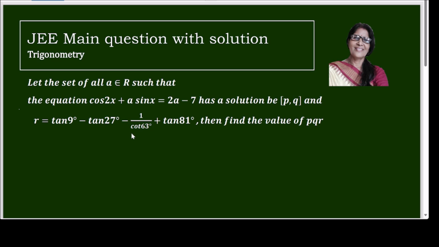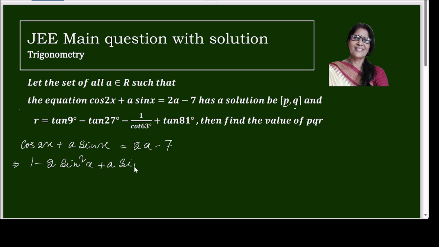So first let us find the value of A from this equation so that we can get the values of P and Q. Cos 2x plus A sin x equals 2A minus 7. For cos 2x, we will put the substitution formula in terms of sin x, so it will be 1 minus 2 sin square x plus A sin x.